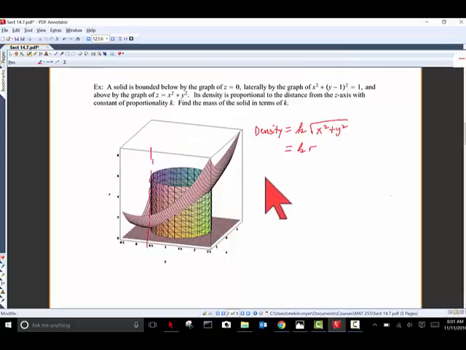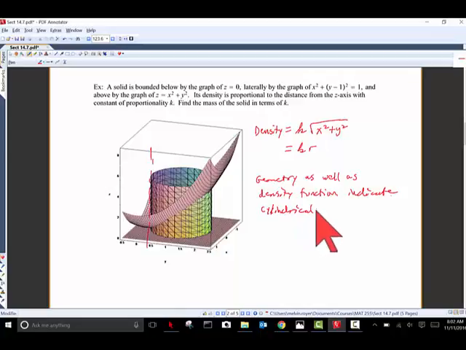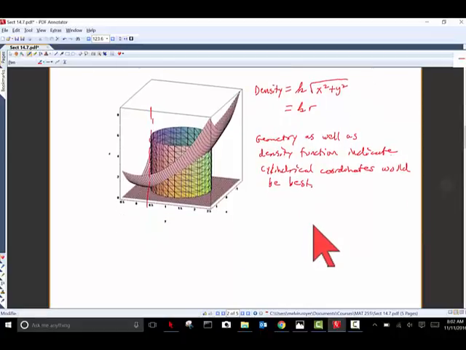So for a number of reasons, the geometry as well as the density function indicate that cylindrical coordinates would be best. So let's see what we can do.